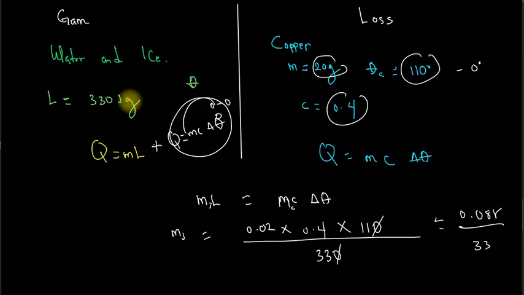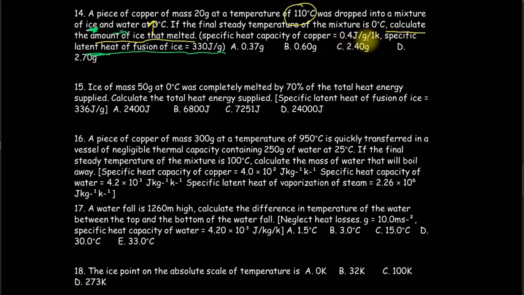But wait, this was given in joule per gram. That means there was no need to convert. Please make sure your units are uniform. Since our mass was given in gram and our specific heat capacities were also given in gram, we can use the gram without converting.